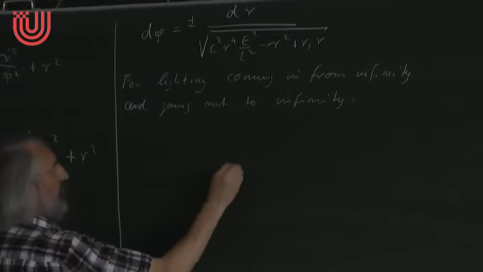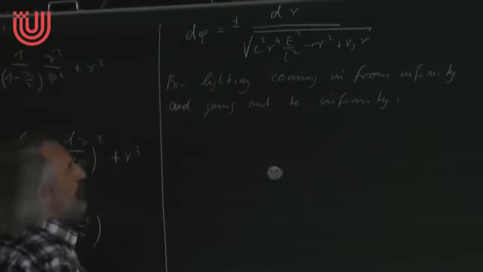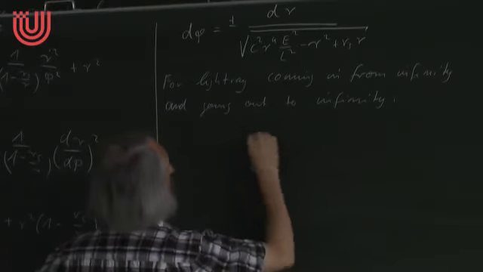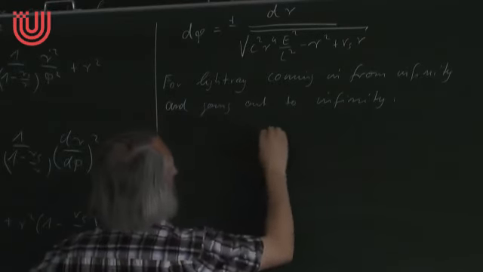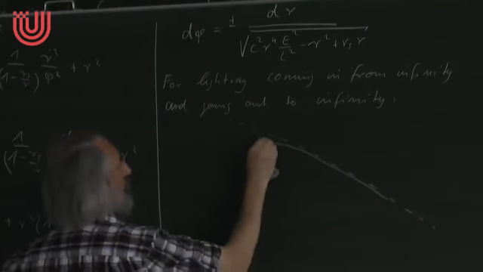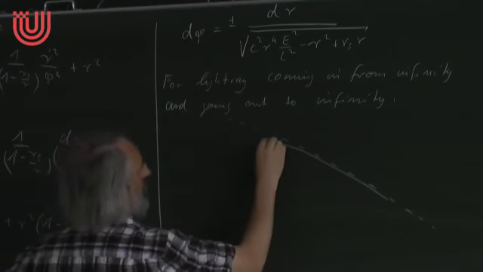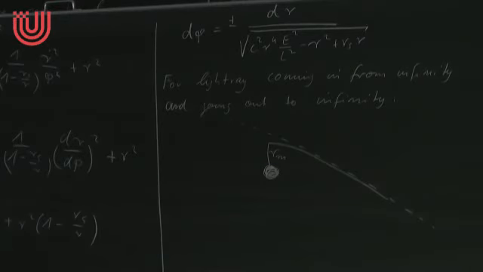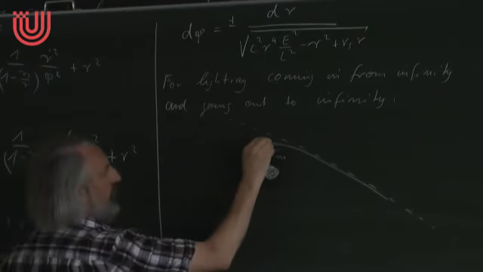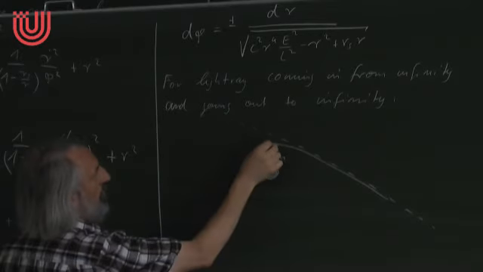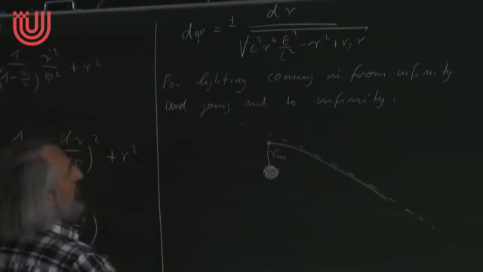Here's my central body, which produces a gravitational field. My light ray now comes in, say asymptotically to this line. So it comes in here, goes through a minimum value of the radial coordinate, which I denote Rm. That's the minimum value of the radial coordinate along the path of the light ray, and then it goes back in this direction.